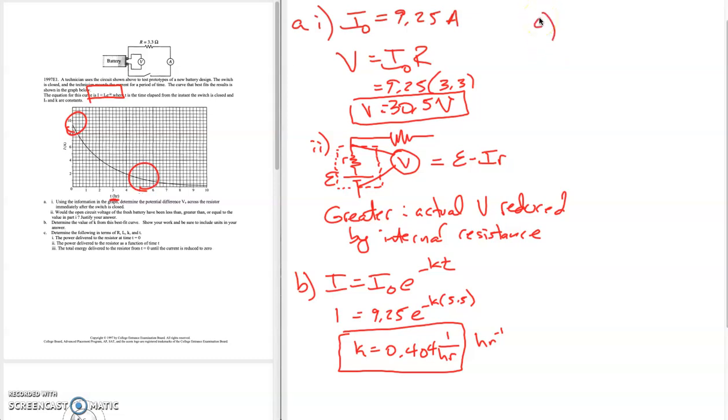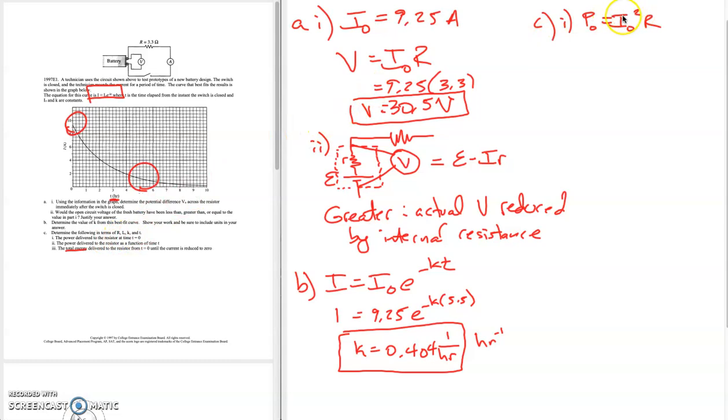All right, part C. This is where we really introduce the calculus, because when we get down to part 3, we're going to be looking for total energy from the power. All right, so part 1, power delivered at the original time. And notice they're saying to the resistor.